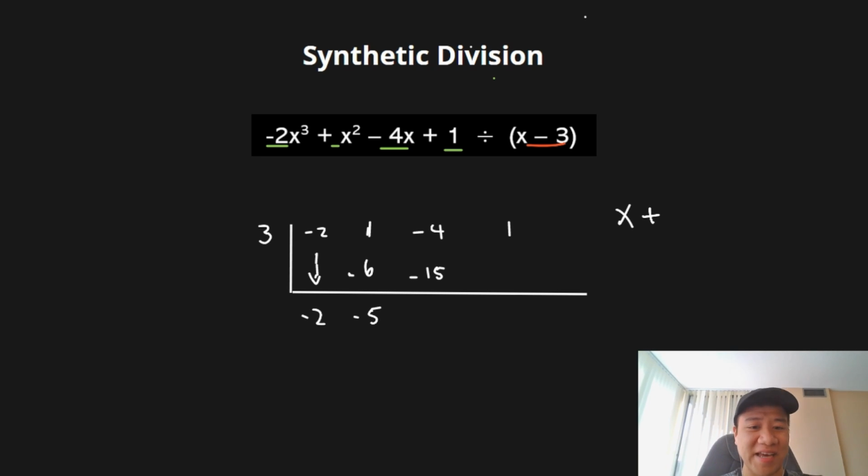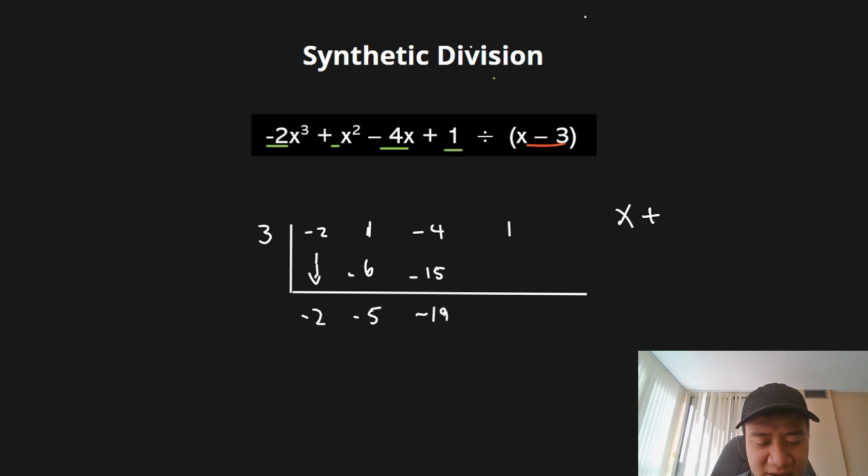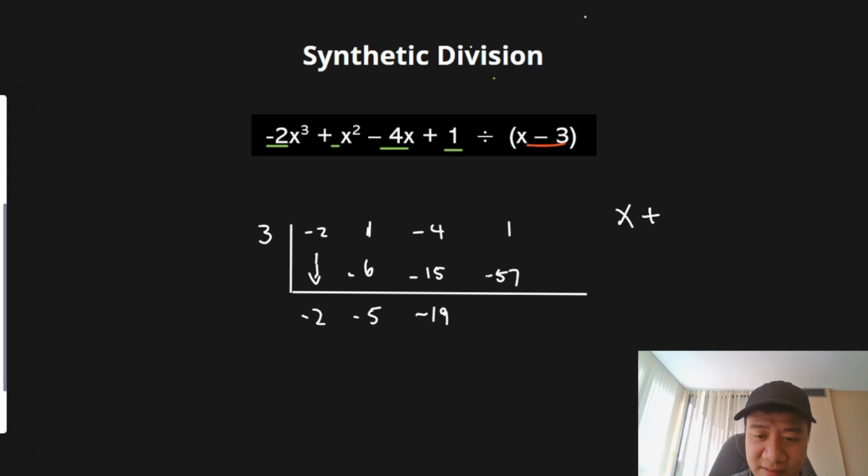And then we add negative 4 plus negative 15 is negative 19. Then we go back to multiplication. Negative 19 times 3 is negative 57. And then 1 plus negative 57 is negative 56.